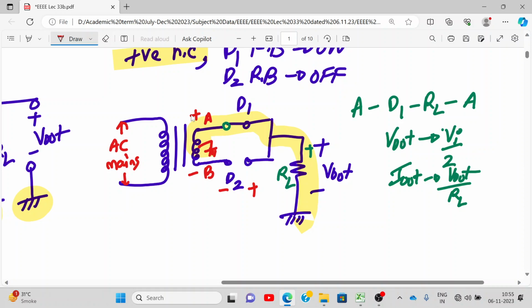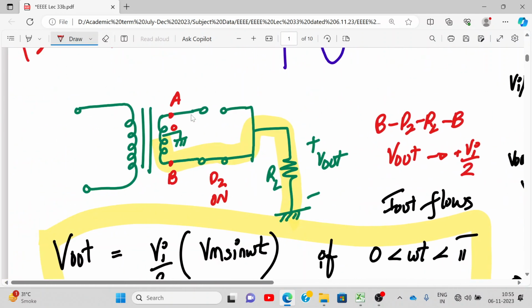Now in the second case, when the diode D2 is on, the voltage across the diode D2 is 0. But across the diode D1, this time it is negative. In the second half cycle, it is negative positive. So negative voltage is appearing across the diode D1. That means whichever diode is off, negative voltage appears across that diode.